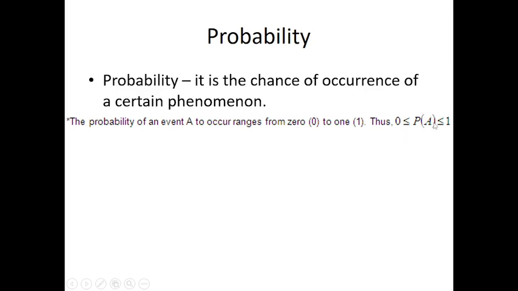Pag sinabi nating probability of A equals 1, sure event, 100% mangyayari yung event na yon. A is a sure event kapag ang probability niya ay equals to 1. Pag yung probability ng A ay equals to 0, impossible event.